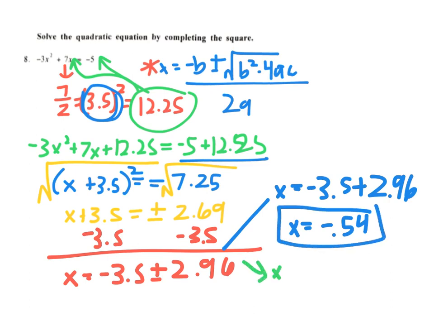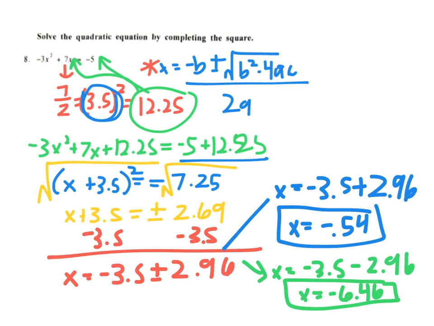So we're going to do x equals negative 3.5 minus 2.96. And when I do that, I get negative 6.46 as my final answer. Again, if you're like, hey, I don't know how to complete the square and it's really confusing to me, try to do it this way.